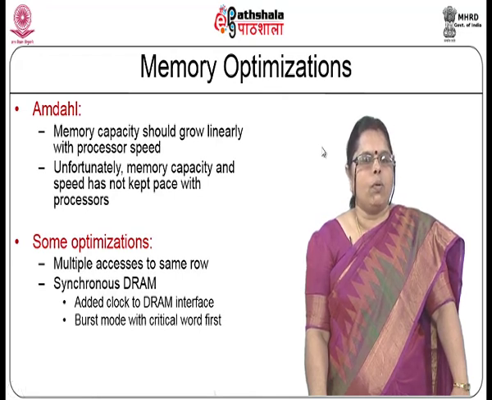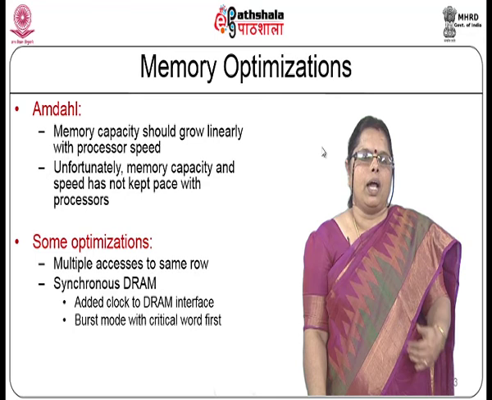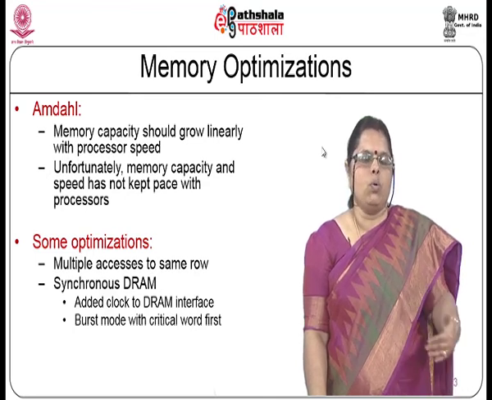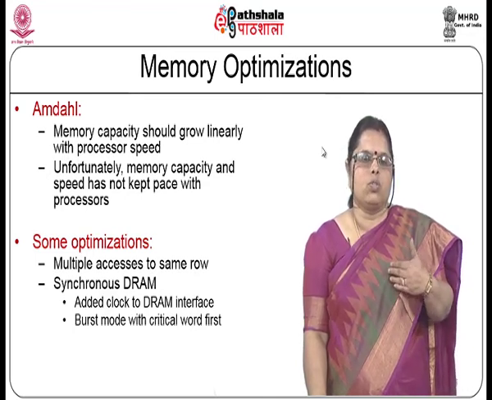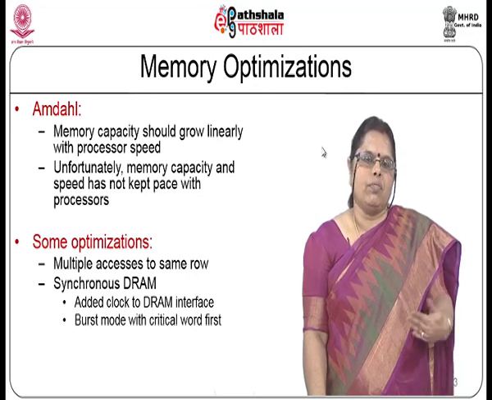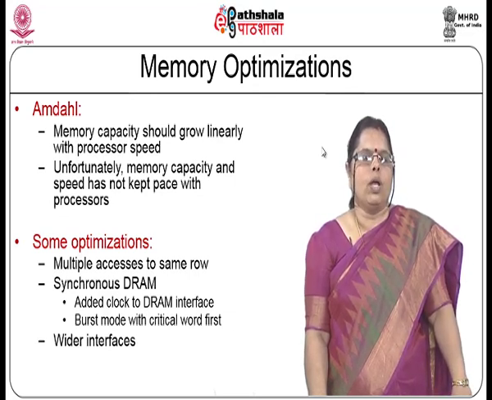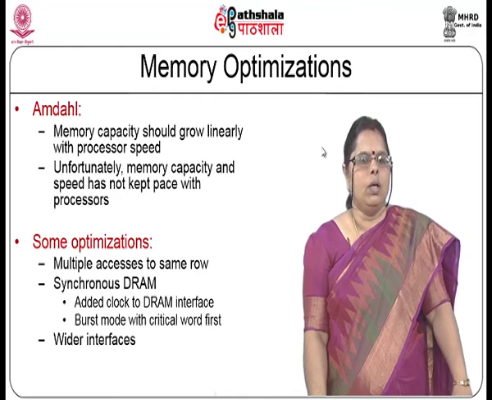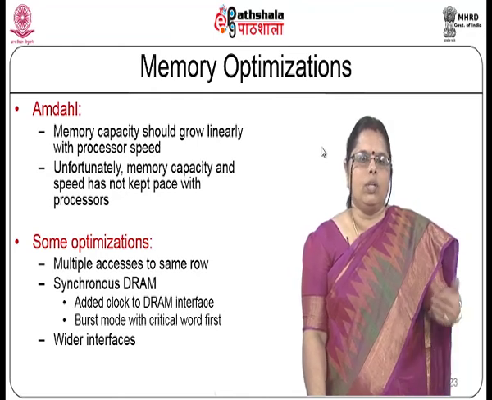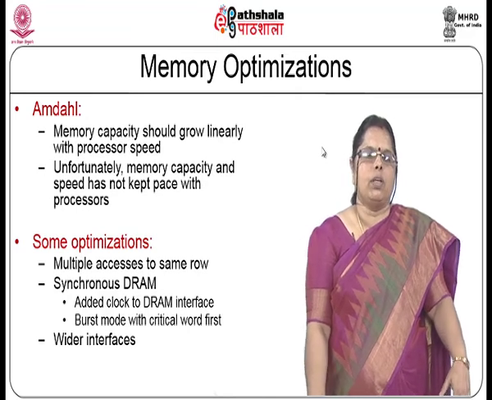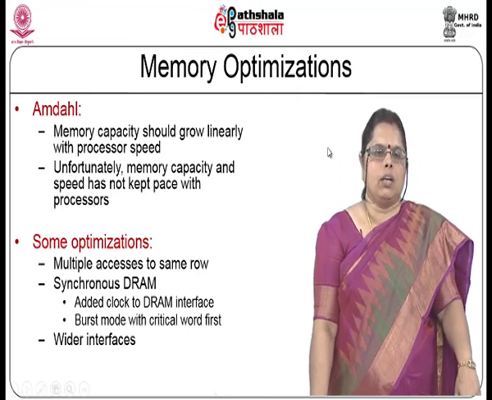One way of optimizing the DRAM that we showed earlier is to look at multiple accesses to the same row. You can transmit the same row address strobe and perform multiple accesses to the same row. You can also look at different technologies. Instead of a simple DRAM, you can look at a synchronous DRAM, where you add a clock to the DRAM interface and also use a burst mode of operation with a critical word getting transferred first.